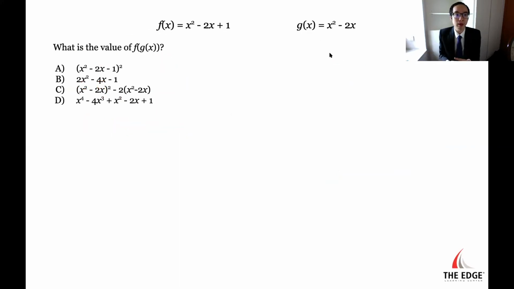We have this function question. We've got f of x equals x squared minus 2x plus 1, and g of x equals x squared minus 2x. They're asking, what is the value of f of g of x? This is what we call a composite function.